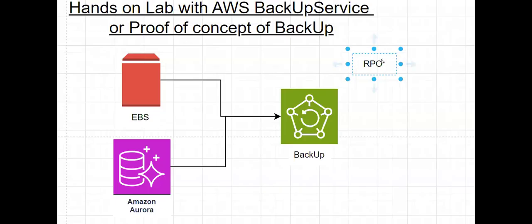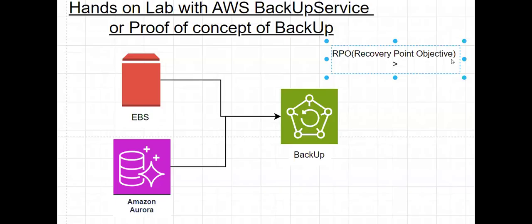The first one is RPO. So what is this RPO? RPO stands for recovery point objective. What is this recovery point objective? It is nothing but the maximum accepted time after a data recovery point to start data recovery again.